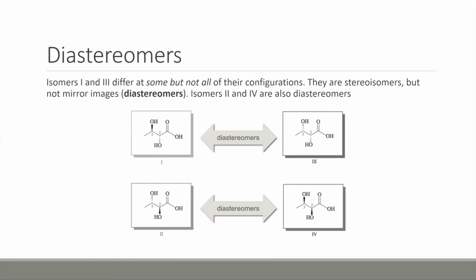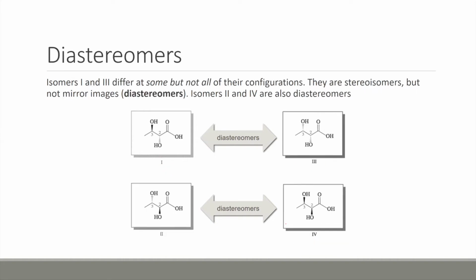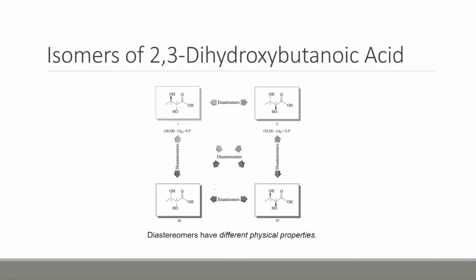So again, here we can see that 1 and 2 are related to each other as enantiomers, and 3 and 4 are enantiomers. And 1 and 3 are diastereomers to each other, non-mirror images, and 2 and 4 are diastereomers to each other. So if we were to draw them all out and we wanted to show how they relate to each other, here is version 1, 2, 3, and 4, and you can see 1 and 2 are enantiomers to each other, and 3 and 4 are enantiomers to each other.